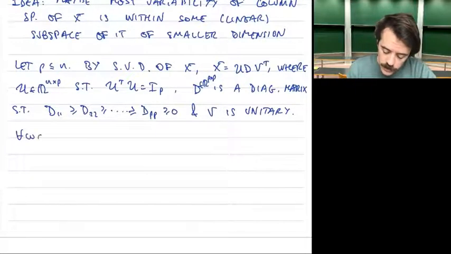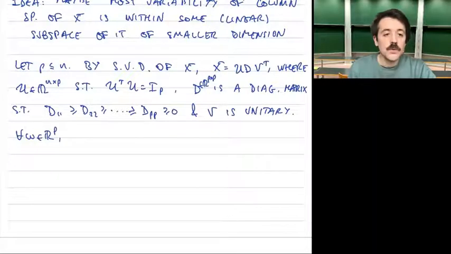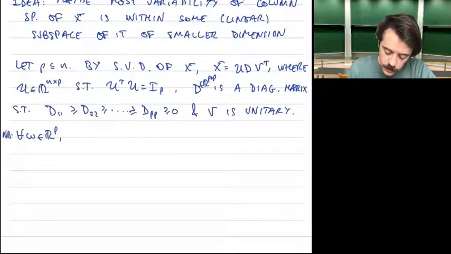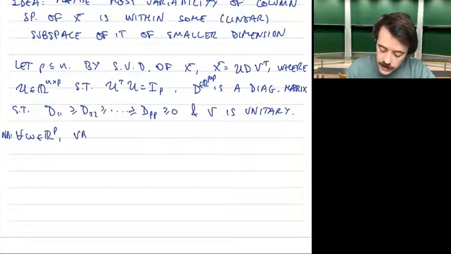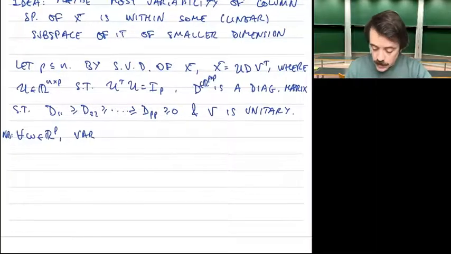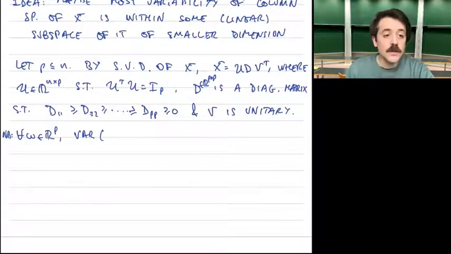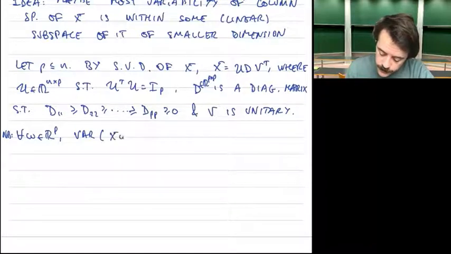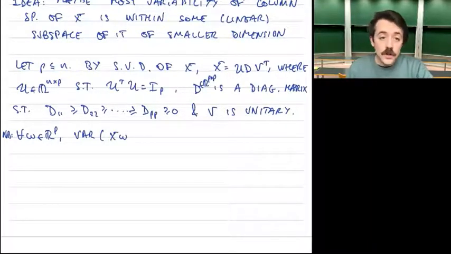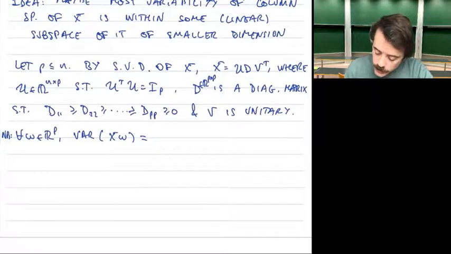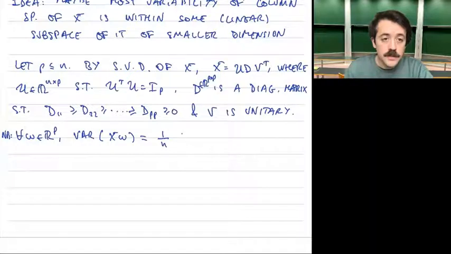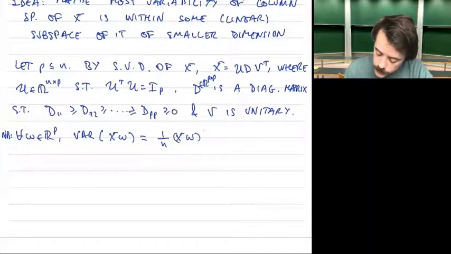Note that for all vectors w in R^p, the variance of this linear combination of the columns of X, and here we use the fact that the columns of X are centered, is given by just this quantity.